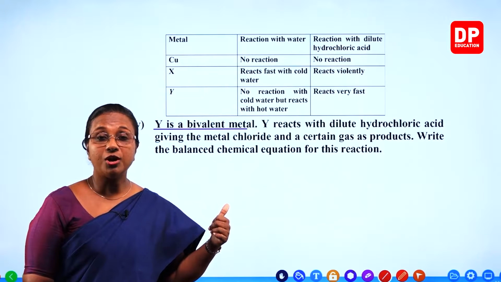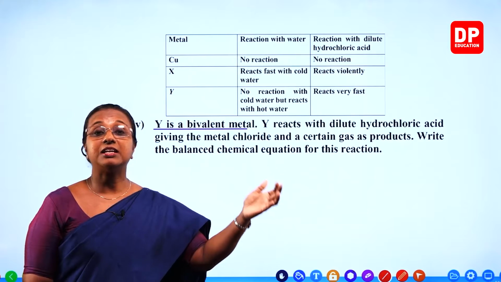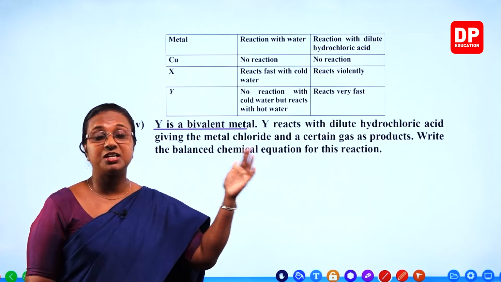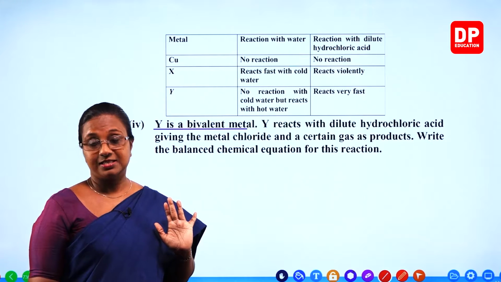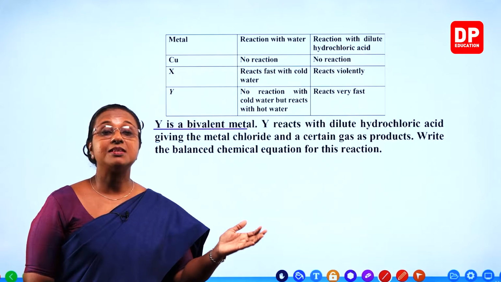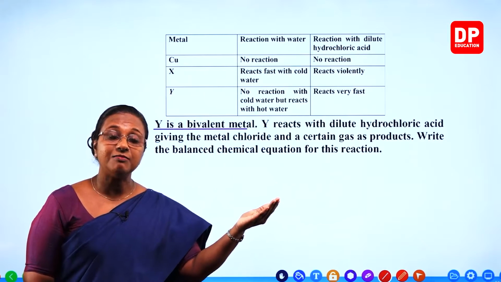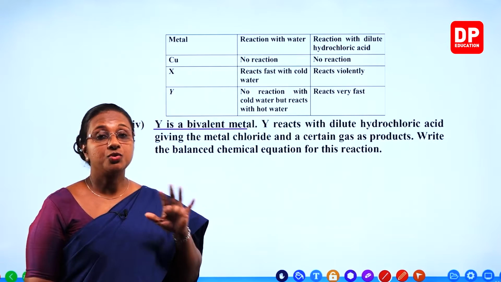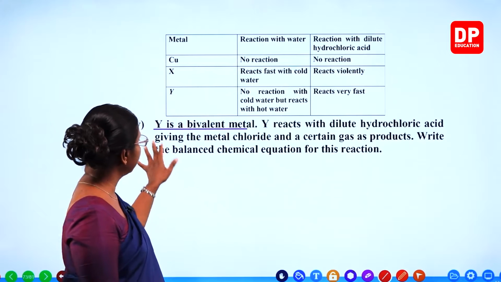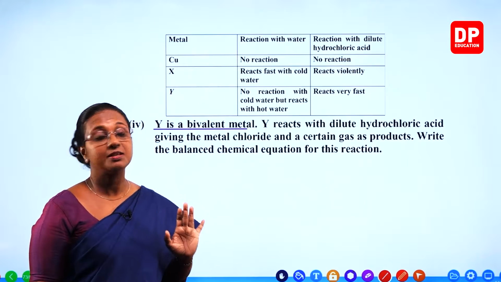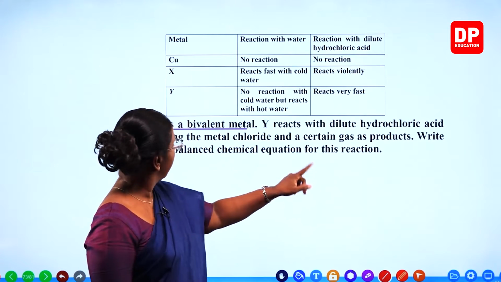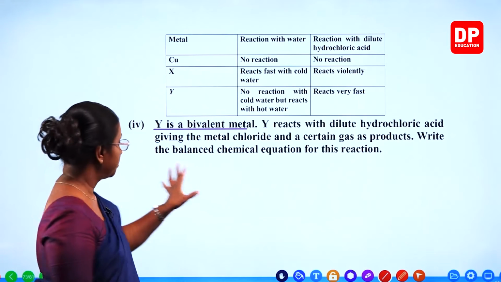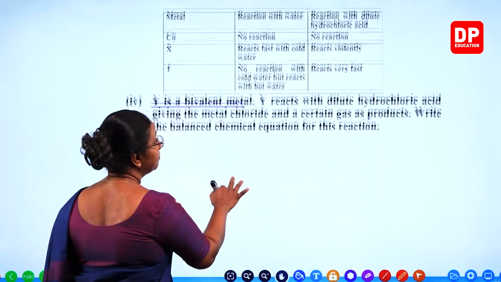Like I told you all, the metals that are more reactive than hydrogen in the activity series, the metals above hydrogen, react with acids and displace hydrogen. The more reactive metal displaces the less reactive one. So hydrogen can be displaced by this particular Y, which is a bivalent metal. Write the balanced chemical equation for this reaction. So here you need to write the metal.